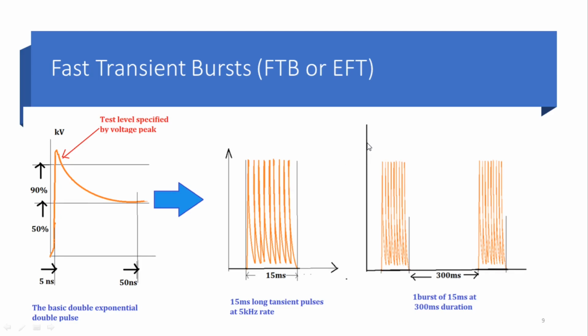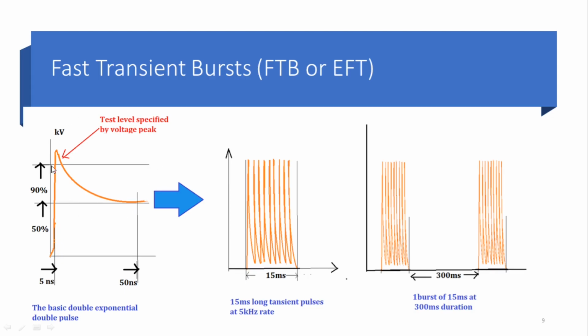The next is the fast transient bursts. The FTB, also called the EFT, aims to simulate the disturbances created by a showering arc at the contacts of ordinary AC mains switches or relay contacts as they open, due to the flyback voltages caused by inductive energy storage in the current path.